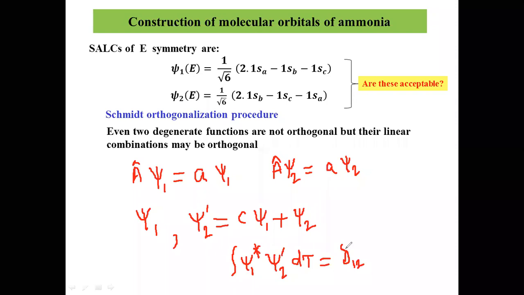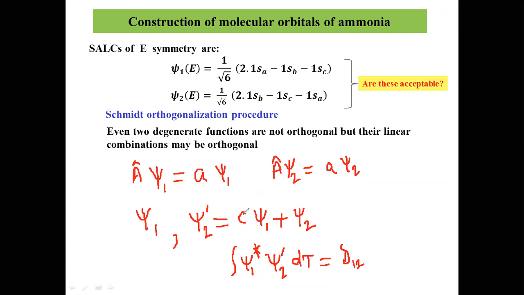Now, if we do this, so that means what I'm going to do, I'm going to use psi1 directly here, and then psi2 dash, this one, right? So that is going to be orthonormal function, right? So this is basically the idea we are going to use, and then whatever the coefficient of C value we are going to evaluate, right?